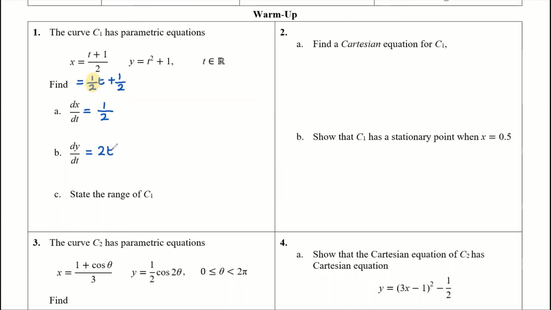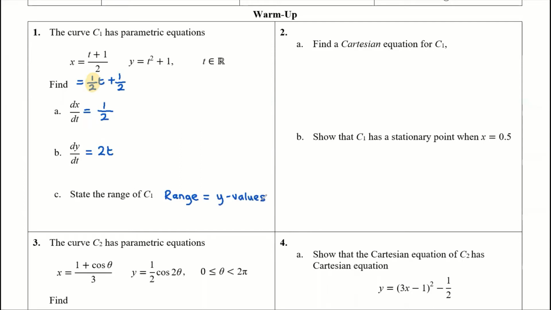Now for part C, we're asked to state the range of C1. Now the range, of course, relates to the y values. So the range, in other words, is which y values are we going to get out of this?